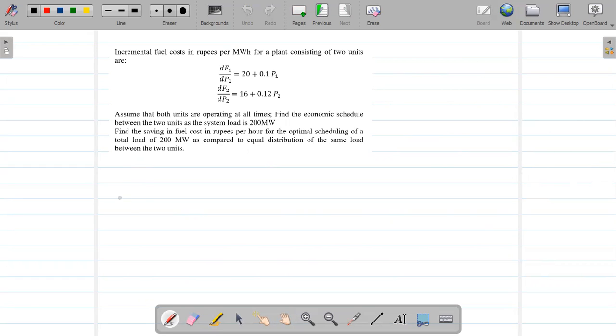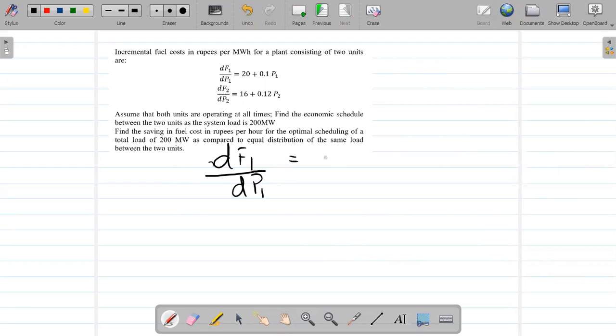First we'll solve the first sub-problem, that is, the economic schedule between the two units when the system load is 200 megawatt. Just now we discussed that when the incremental fuel cost of each plant is the same, then economic scheduling can be obtained.